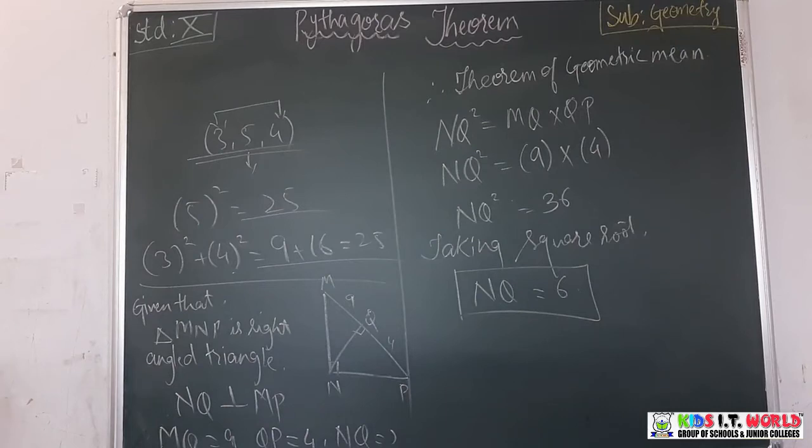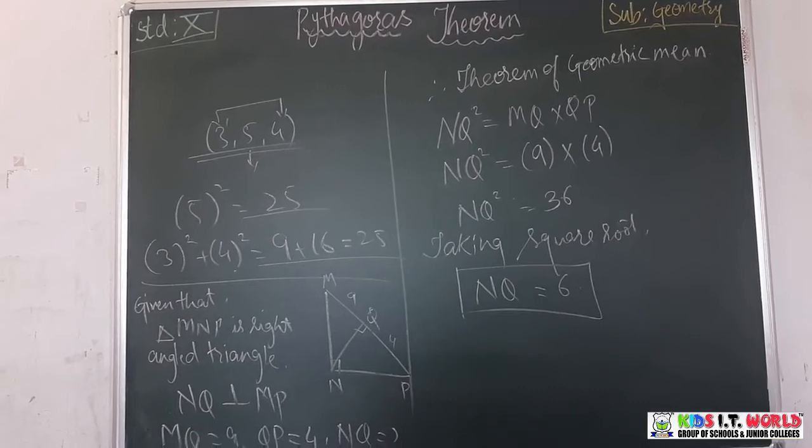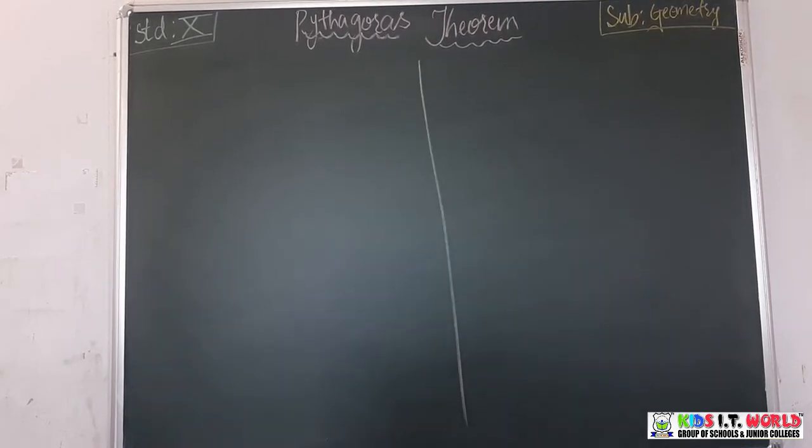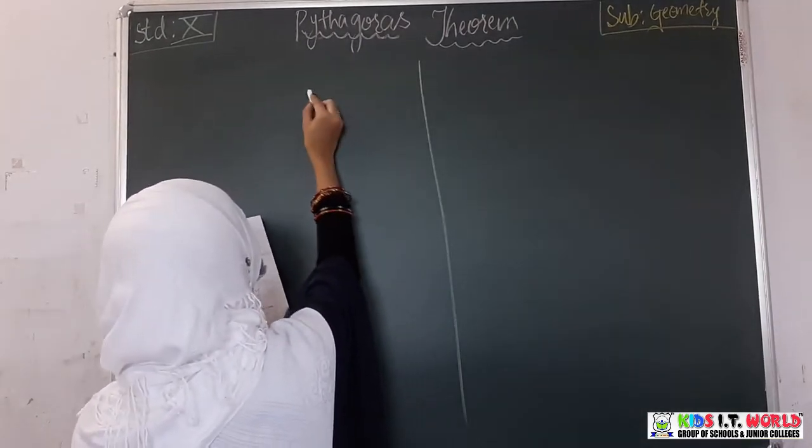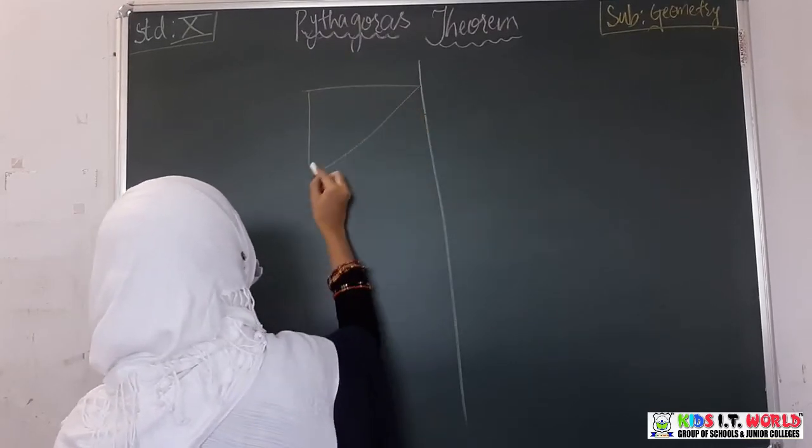Now directly, we will start question number 4. See figure 2.19. Find RP and PS using the information given in triangle PSR. First of all, draw the triangle PSR.